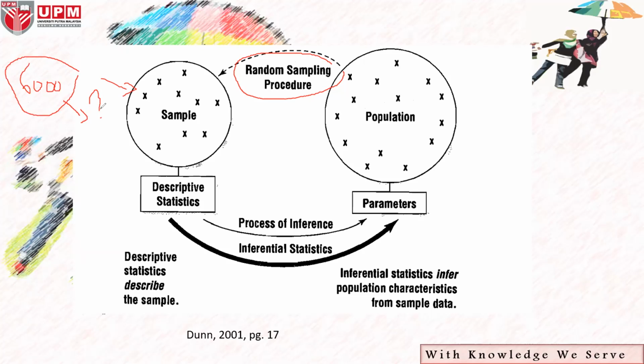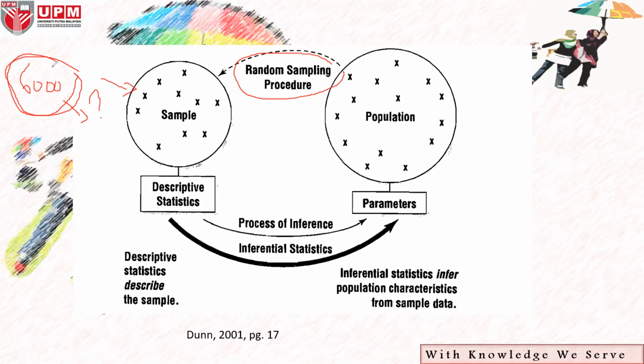Later we will learn how we are going to determine the sample size. At least you know the steps first. Based on the 6,000 population, first you need to identify who's going to be your population, for example primary school teachers or secondary school teachers.